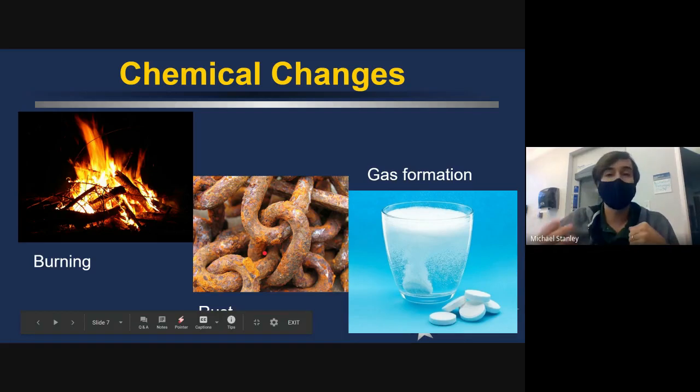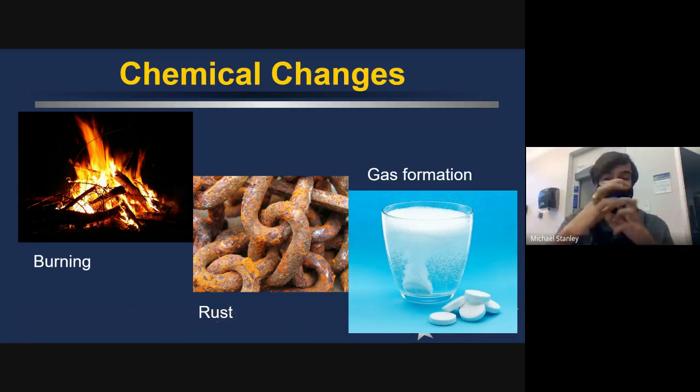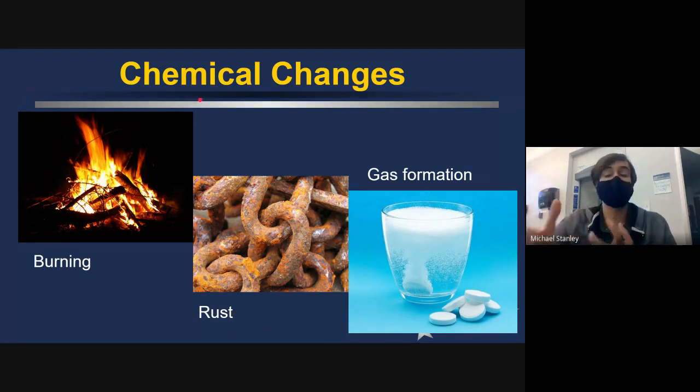And then over time, the iron and the oxygen in the air slowly react with one another and form a new substance called iron oxide, which is this brown, flaky, gross stuff that forms on top of metal. So the rust is a new chemical that was formed by the reaction of these two chemicals that were there, the iron and the oxygen.